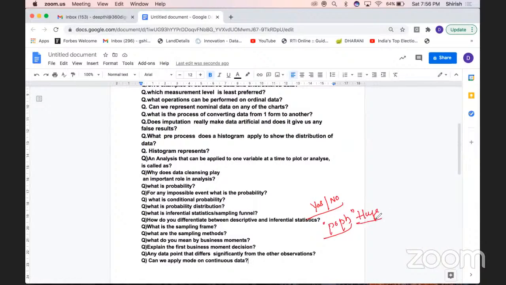But of course, yes, when you take a subset of data, when you take a sample, if you have fixed data points, then you can calculate mode on continuous data also. The answer would be yes if it is a sample, no if it is a population.